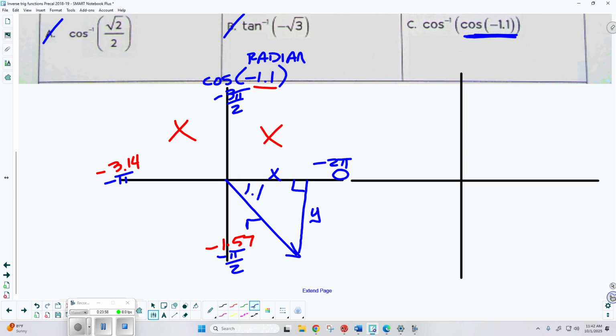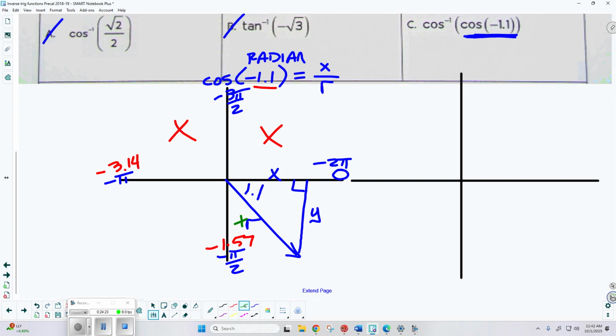Okay? So let's just say that cosine of a negative 1.1, let's just say it's whatever the x would be divided by the r. It's some ratio x over r. But what do we know about this? Should it be positive or should it be negative? It would be positive, because let's go back and see. Now, the radius is always what? Radius is always positive.